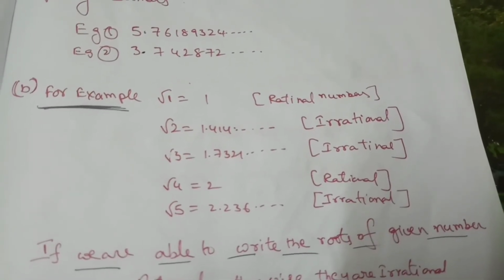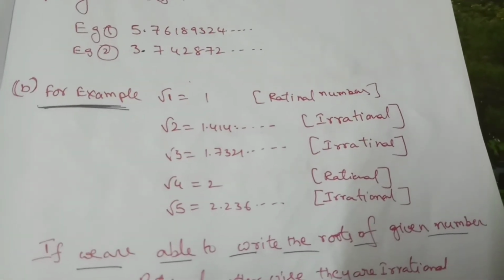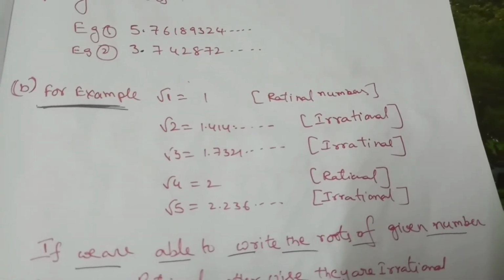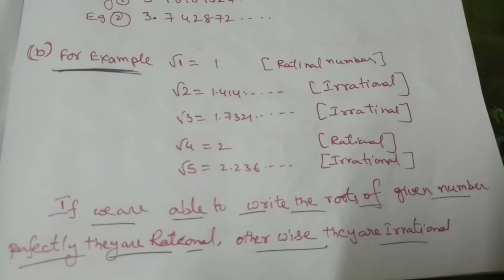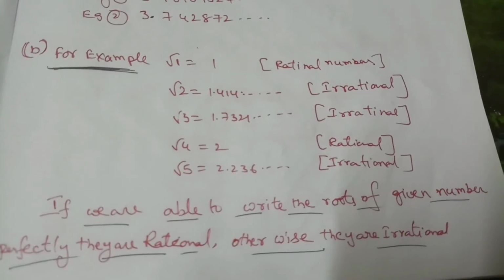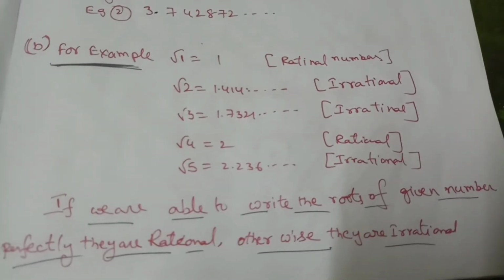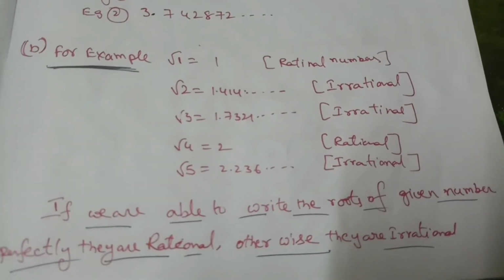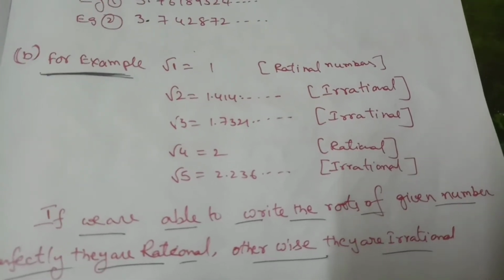They are irrational numbers. So when we observe here, some numbers give perfect values, some do not. If we are able to write the roots of given numbers perfectly, they are rational. Otherwise, they are irrational.